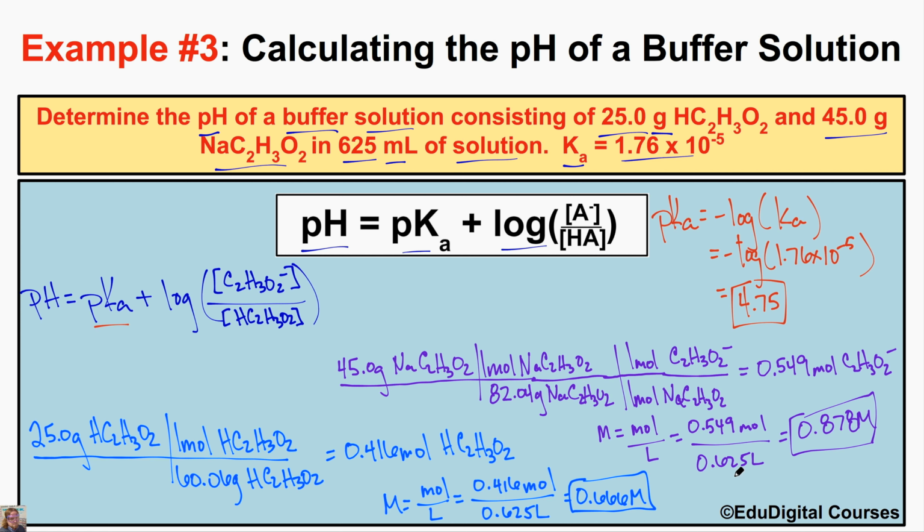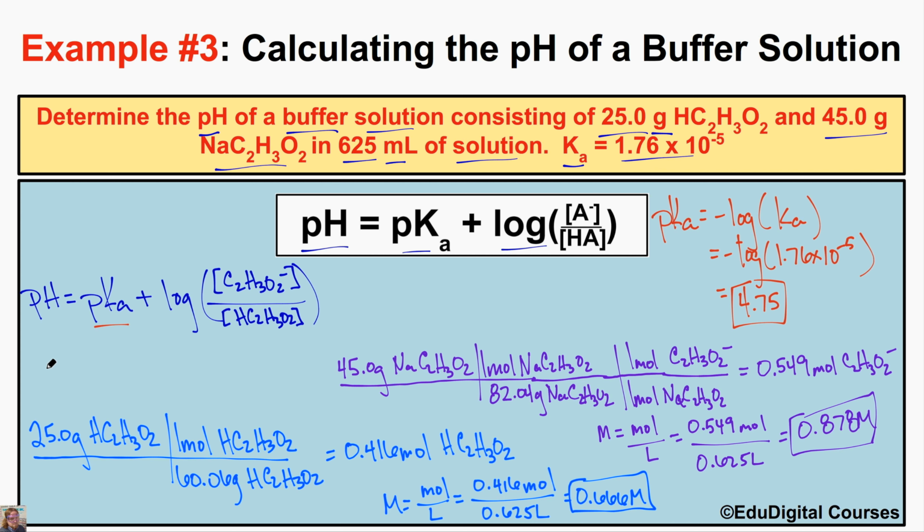So we had to do all of this work first just to get the concentrations of our conjugate base and our weak acid. Now we can plug these values into the Henderson-Hasselbalch equation and end up with our final answer.